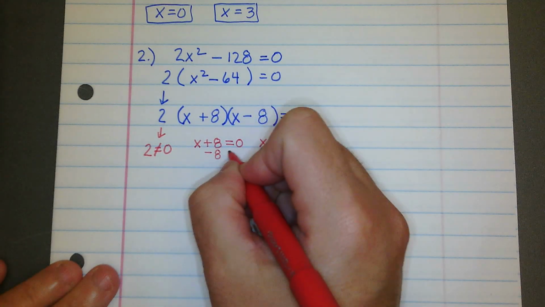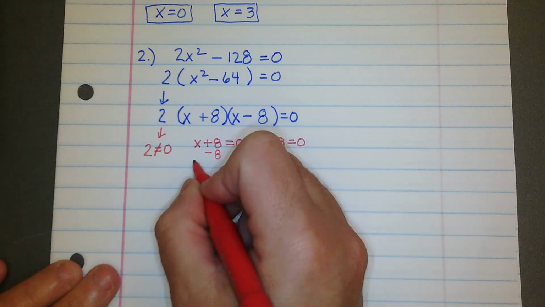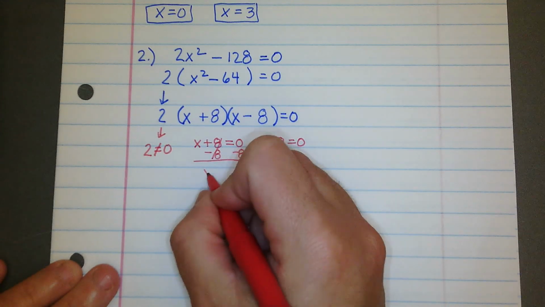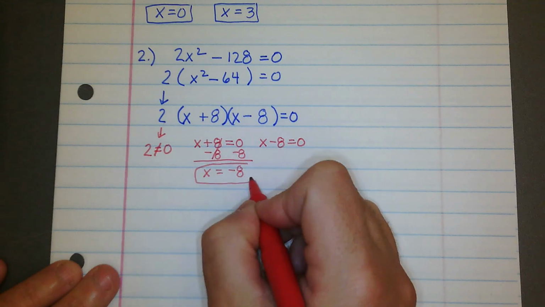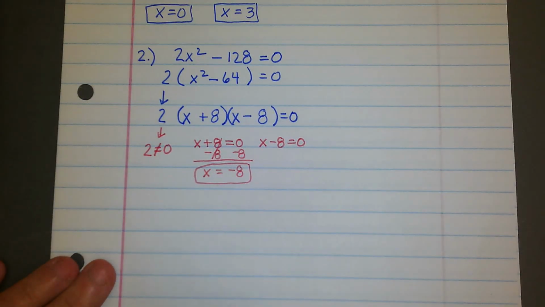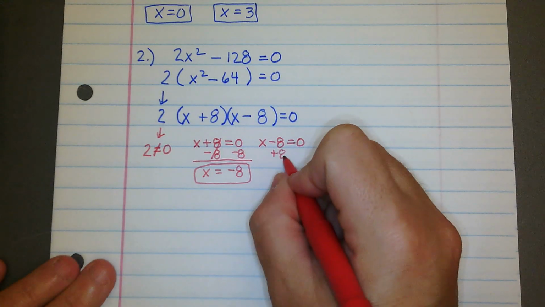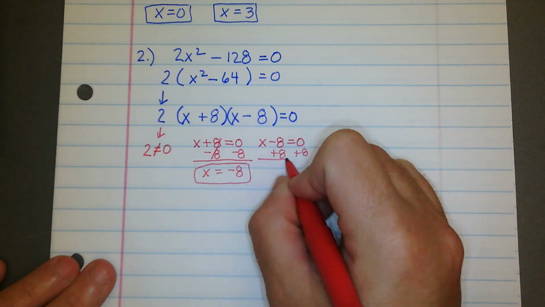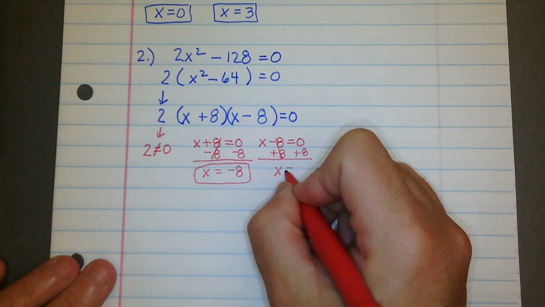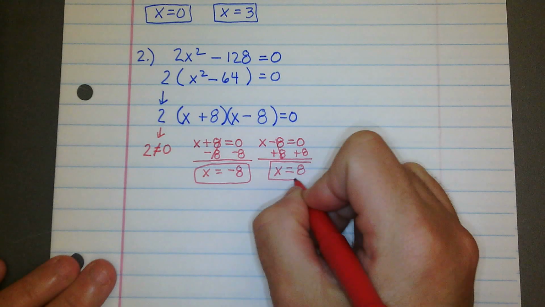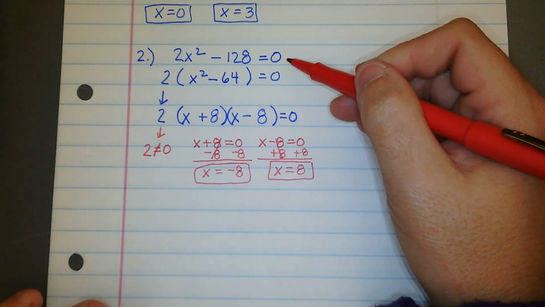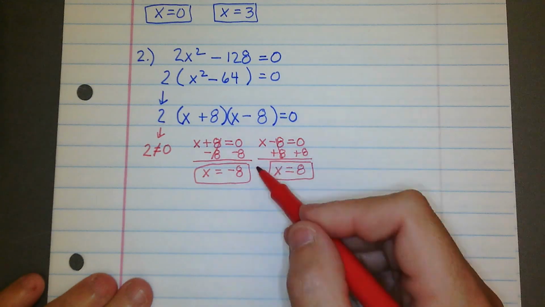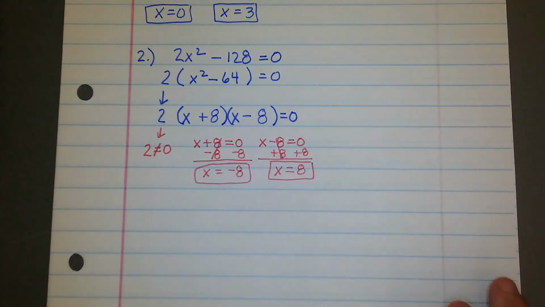Remember that the highest exponent in our original equation is a squared term. That means that it can have at most 2 solutions. There's our first solution. Add 8. There's our second solution. So if I graph this quadratic, I'm going to get intersection points on the x-axis at positive 8 and negative 8.